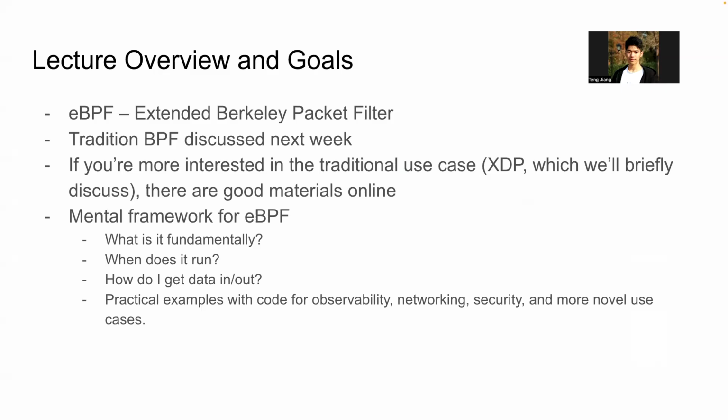But modern eBPF, the E in extended, has evolved so much more than traditional BPF that its use cases encompass networking, observability, security, and many more, even scheduling. It's a really powerful tool that's an alternative to the traditional method of extending the operating system, which for Linux is using Linux modules.